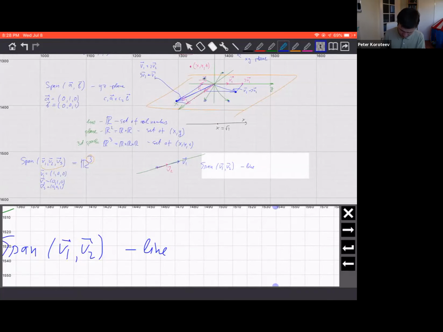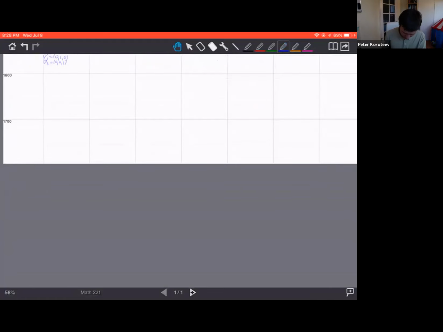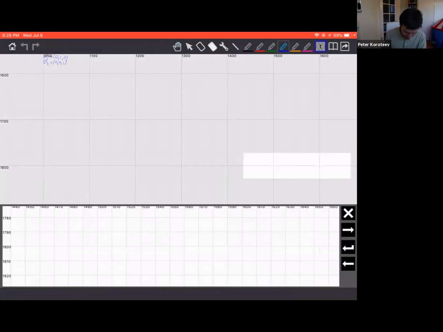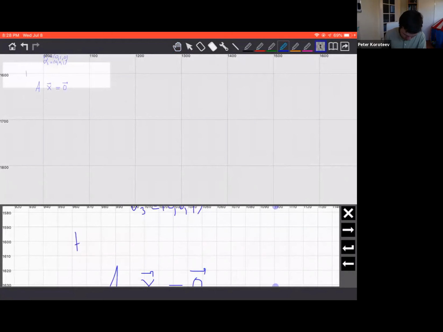I think last time we finished with the solution of the homogeneous system of equations. If you have a matrix A multiplied by vector x equal to the 0 vector, that's homogeneous.